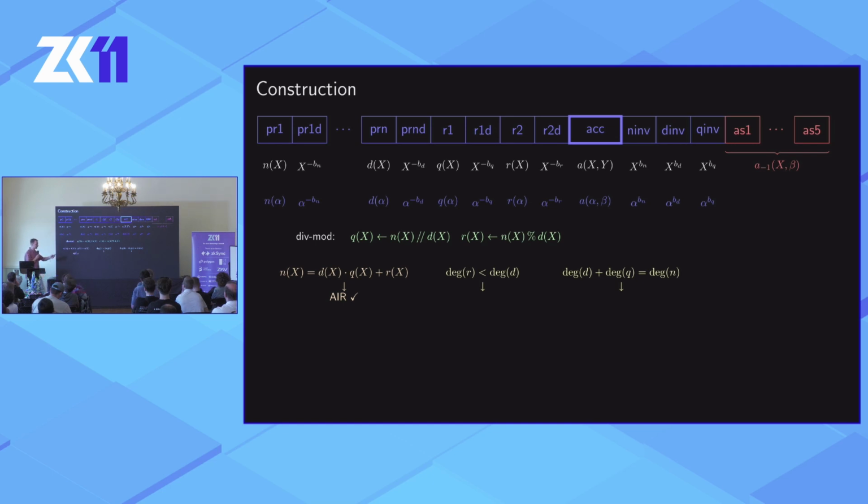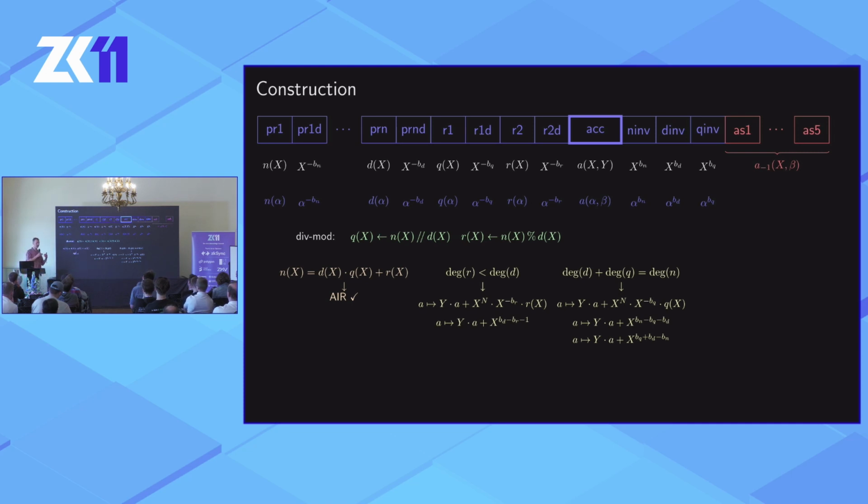And the degree bounds are tricky. The equality that the numerator equals denominator times quotient plus remainder, that's trivially encodable as an AIR constraint. But how do we do the degree bounds? Well, what we came up with is using the degree trackers. This is where the accumulator polynomial comes into play.